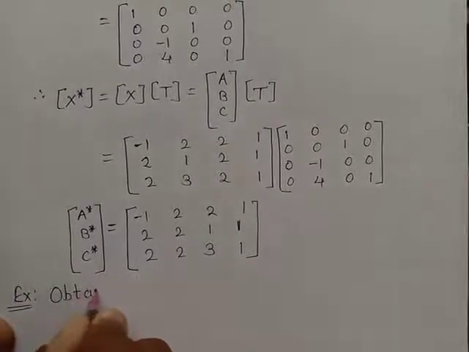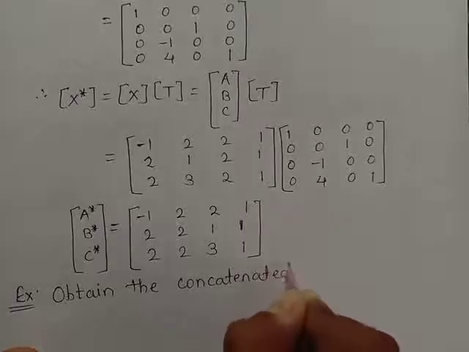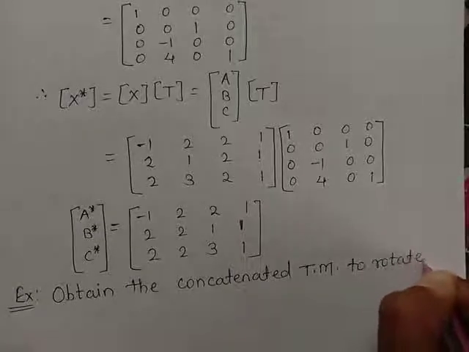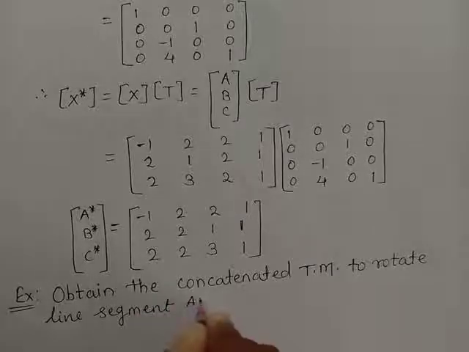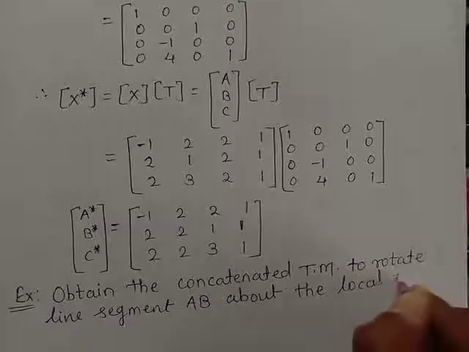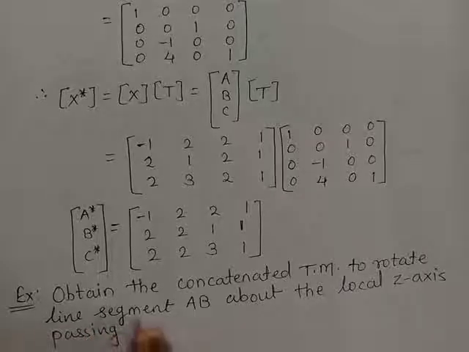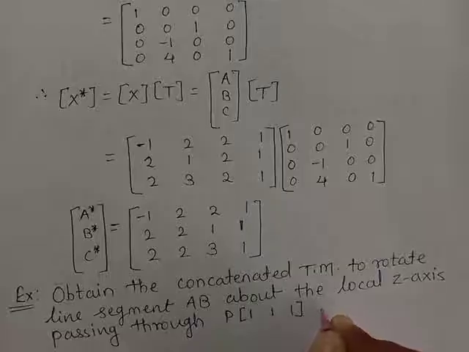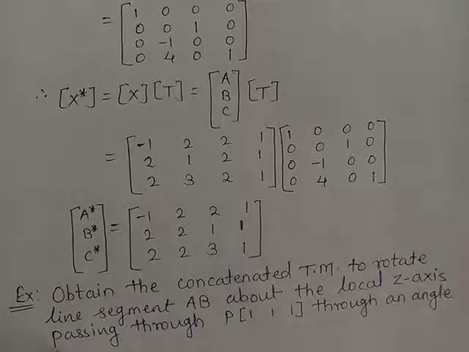Now next example, obtain the concatenated transformation matrix to rotate line segment AB about the local z-axis passing through point P111 through an angle 45 degree.